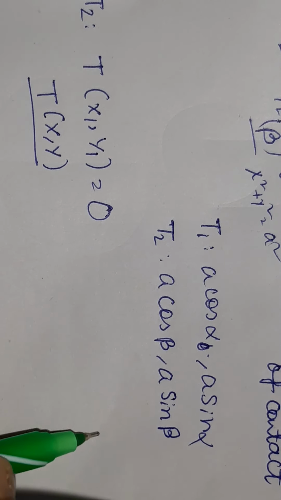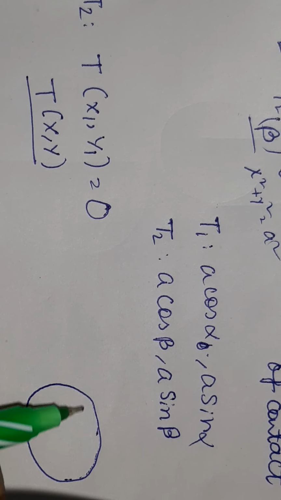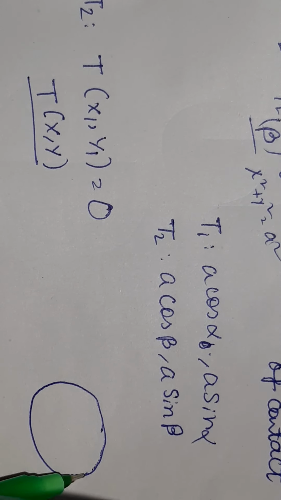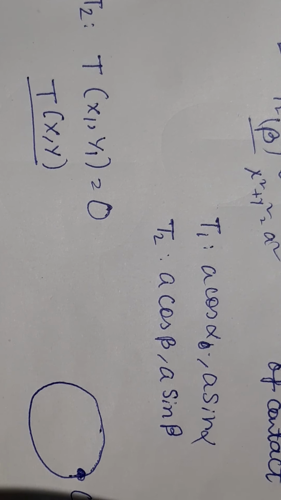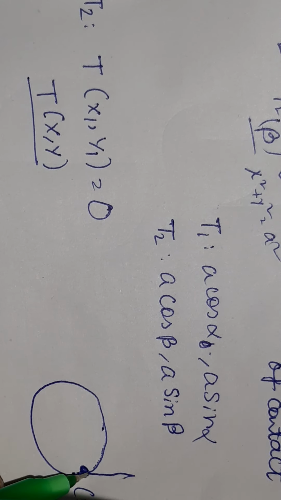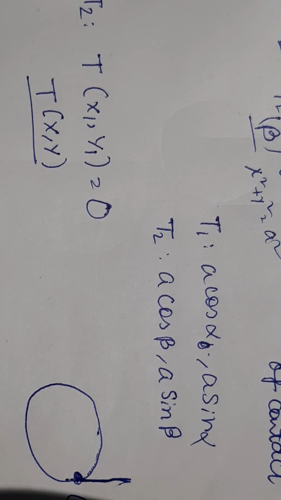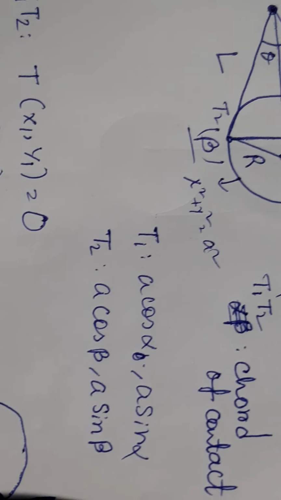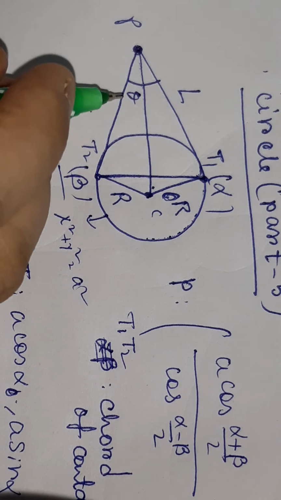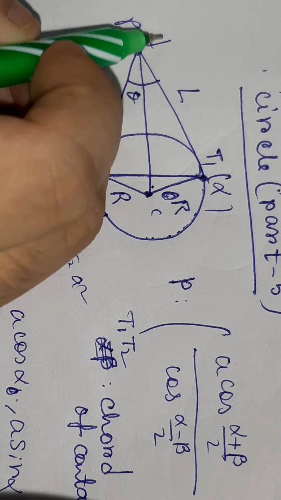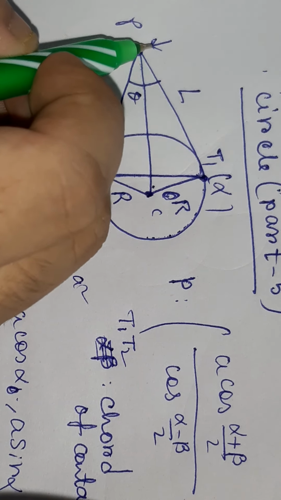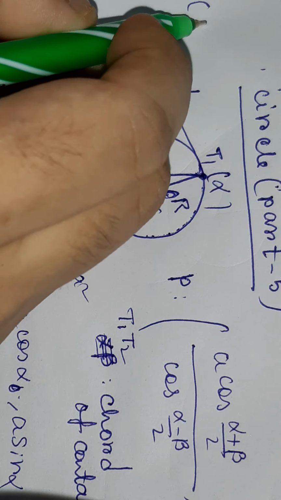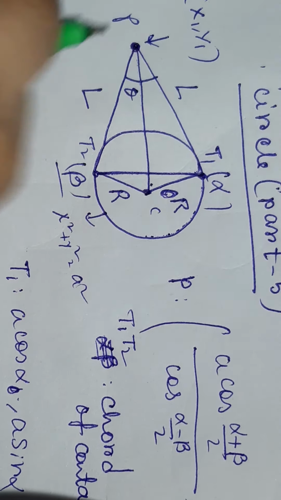If we draw a tangent line from the point xy on the circle, then this line will be called T of xy. And what is x1 y1 here? It is the coordinate of the intersection point, which we call x1 and y1.